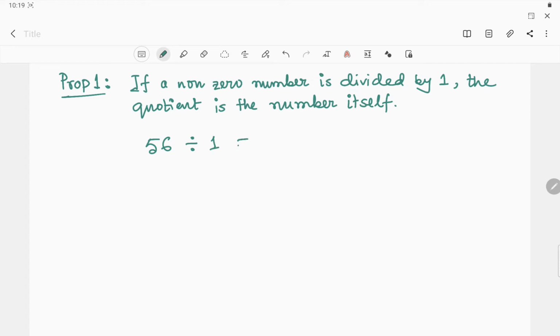So what will you get? 56. Because property 1 says if you divide any number by 1, you will get the number itself. If it is a 3-digit number, 357, and if you divide it by 1, then you will get 357. You can check.